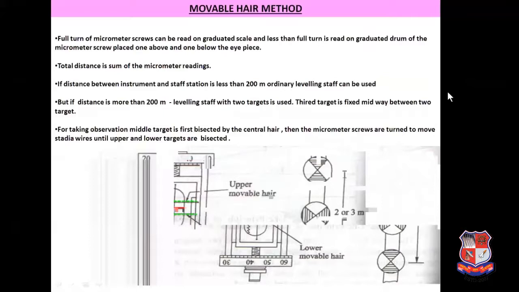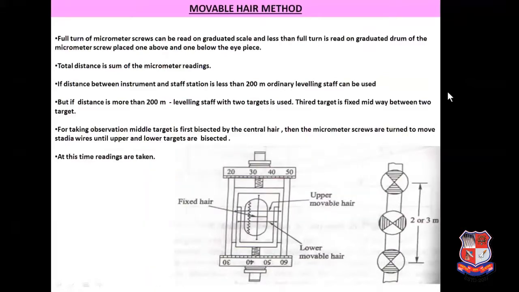If the distance between the instrument and staff station is less than 200 meters, an ordinary leveling staff can be used. But if the distance is more than 200 meters, a leveling staff with two targets is used. The third target is fixed midway between the two targets as shown in the figure, and the distance between the upper and lower target is kept 2 to 3 meters.